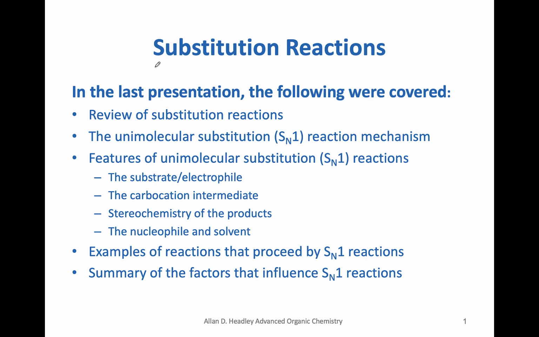This is the second lecture for substitution reactions. So just a quick review. In the first lecture of this section, we looked at unimolecular reactions, or SN1, where the overall rate of the reaction was dictated by the rate determining step, which is really the step that forms the carbocation.